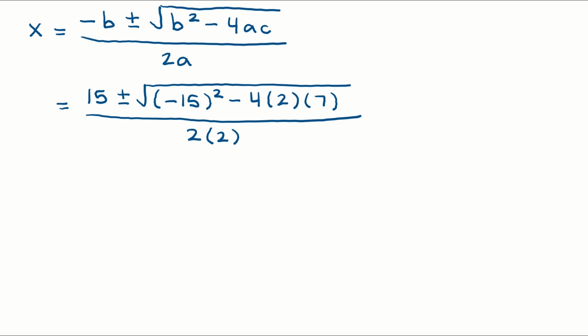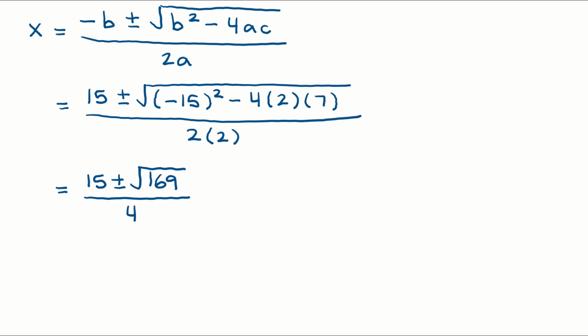Again, we're going to simplify this by starting with our square root. So negative 15 squared is 225, and we are subtracting 4 times 2 times 7, giving us 169 under the square root. So we have 15 plus or minus the square root of 169, and then 2 times 2 is just equal to 4.